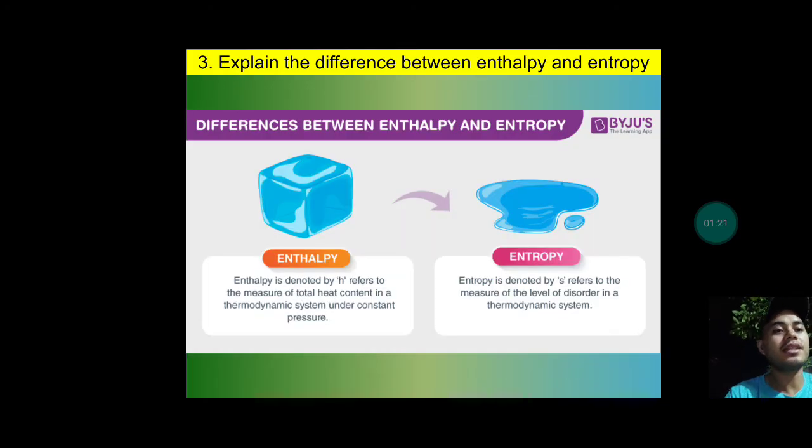Next, explain the difference between enthalpy and entropy. Enthalpy is a measure of total heat content in a thermodynamic system under constant pressure, while entropy is the measurement of the level of disorder in a thermodynamic system.